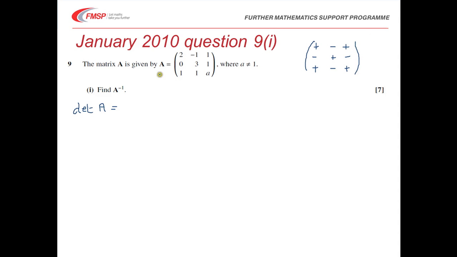The cofactor, for example, of 2 is going to be the 2 by 2 matrix that you get when you cross out the first row and the first column. So it is going to be this 2 by 2 matrix here, and its determinant is 3a minus 1.